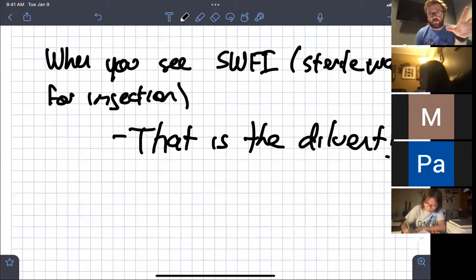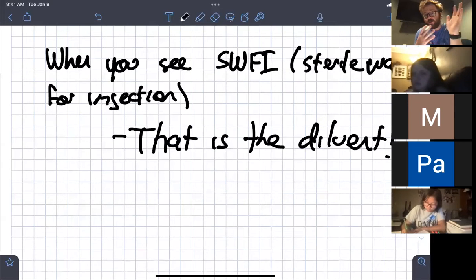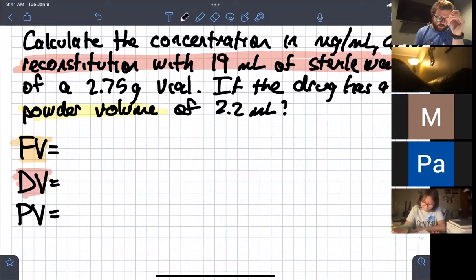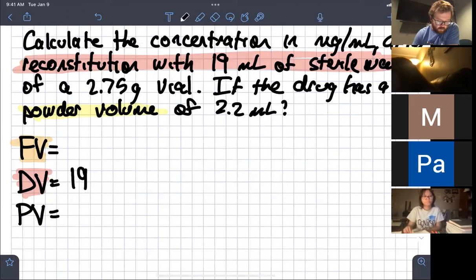Every time you see sterile water, or maybe injectable water, or whatever it's called, every time you see the word water, that is a good indicator that that is your diluent. Every time. So now I'm going to go back up here. I've already highlighted my diluent volume, which is what? 19 mils.